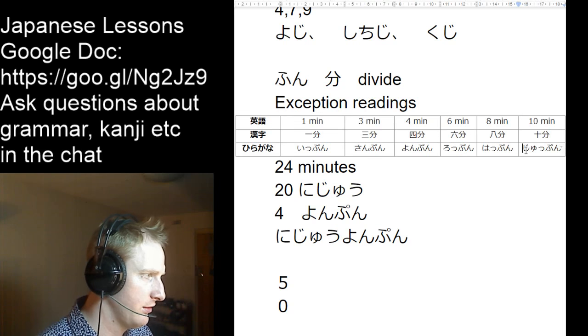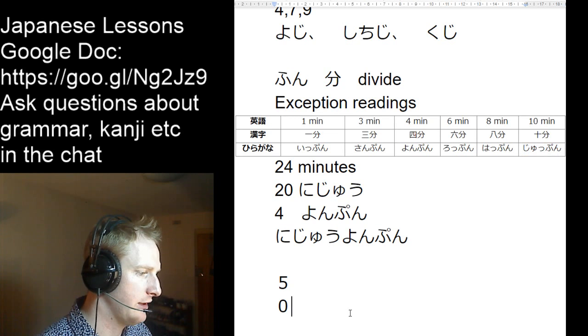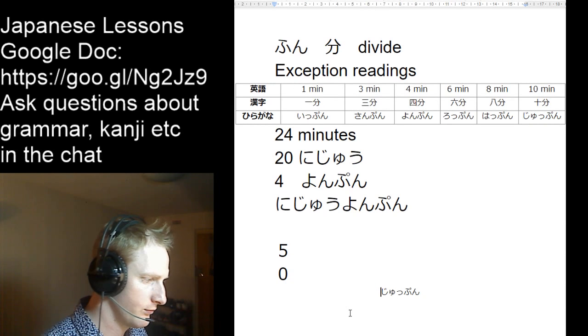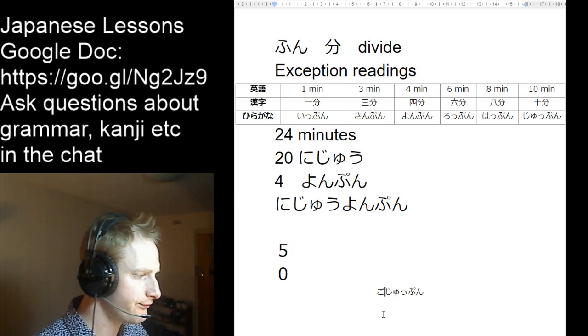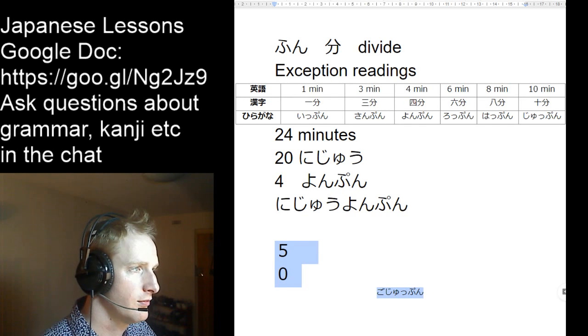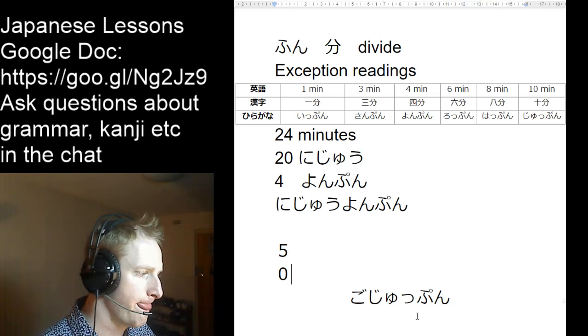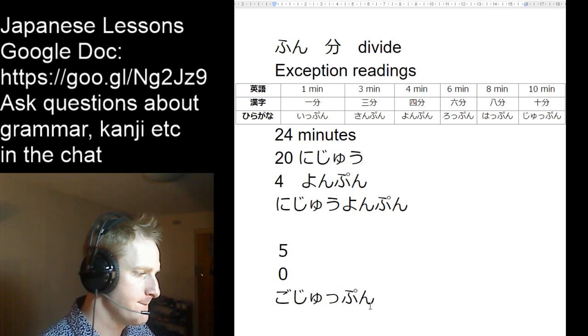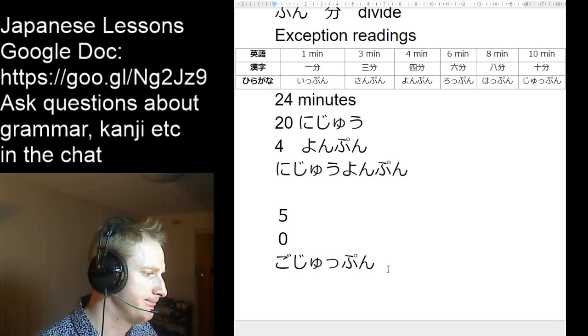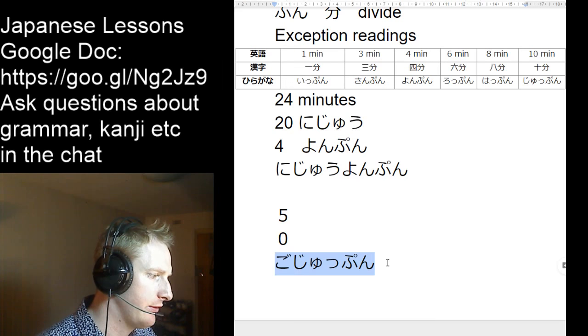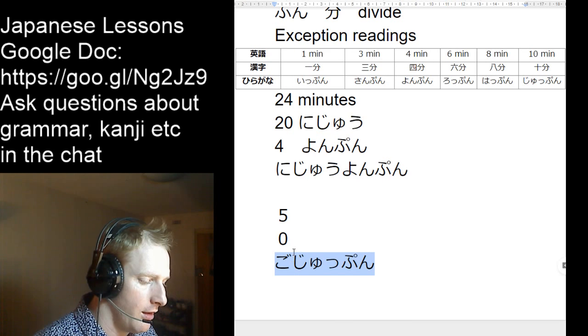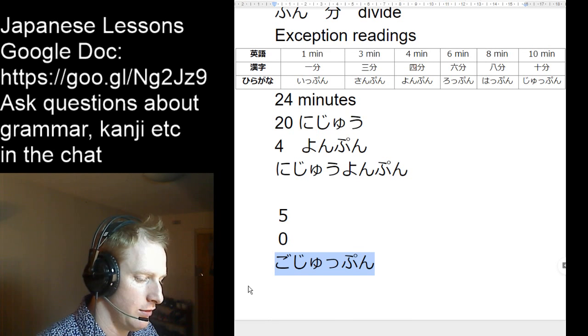So we would end up reading it like this: gojupun. Okay, 50 minutes. This takes a little bit to get used to.